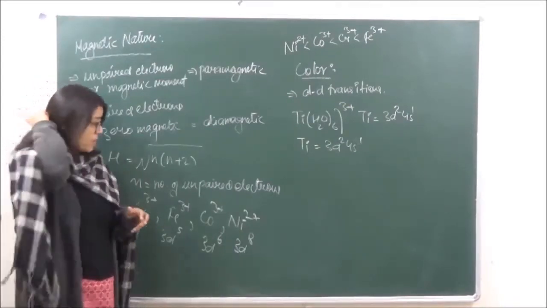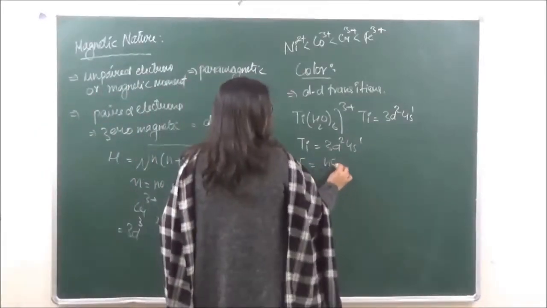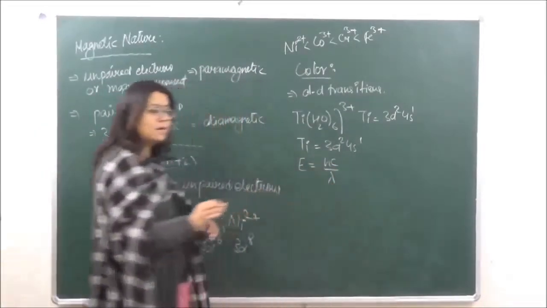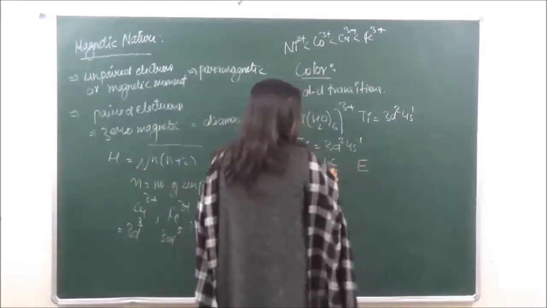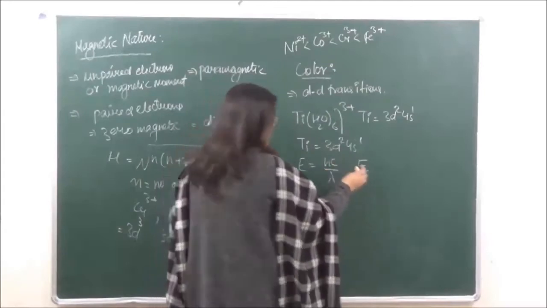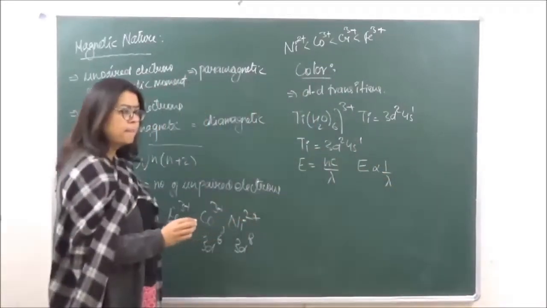Okay. Now we already know that if you are talking of energy over here, energy is equal to hc upon lambda. ठीक है? Or in other words, we are saying over here, h is a constant, c is a constant. So energy is going to be inversely proportional to lambda. Right?